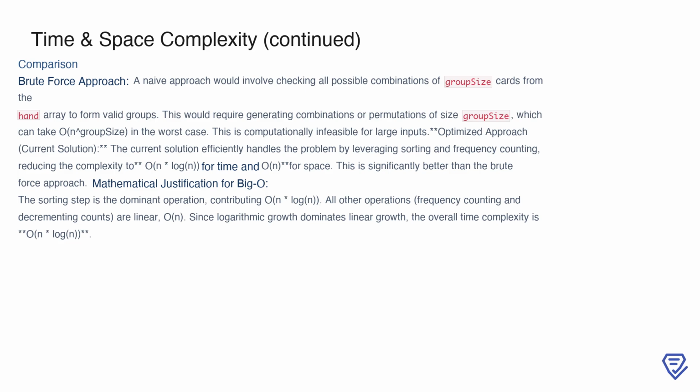In contrast, the optimized solution we analyzed leverages sorting and frequency counting to handle the problem efficiently. By reducing the time complexity to O(n log n) and the space complexity to O(n), the current approach is significantly more practical. Mathematically, the dominant operation is sorting, which contributes O(n log n), while the linear steps, such as counting frequencies and decrementing counts, add O(n). Since logarithmic growth dominates linear growth, the overall time complexity is O(n log n).